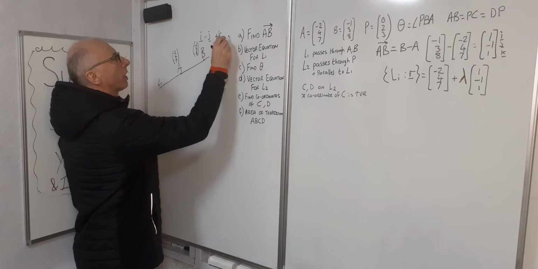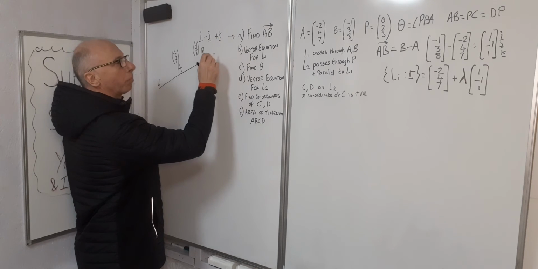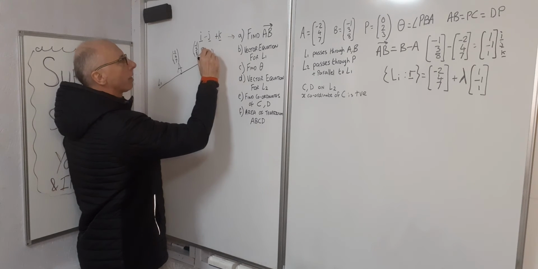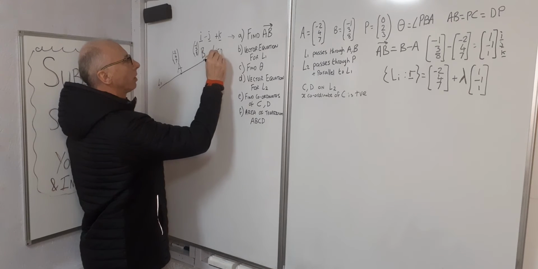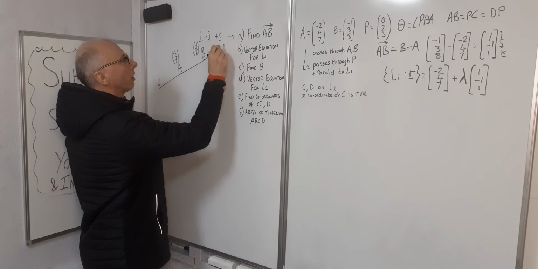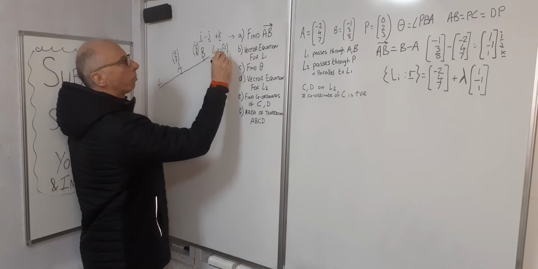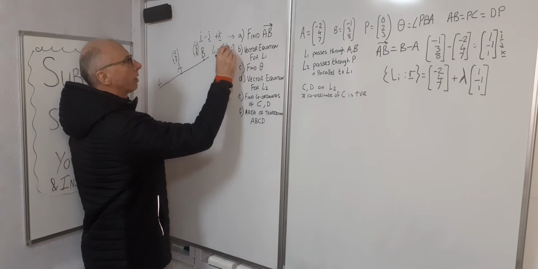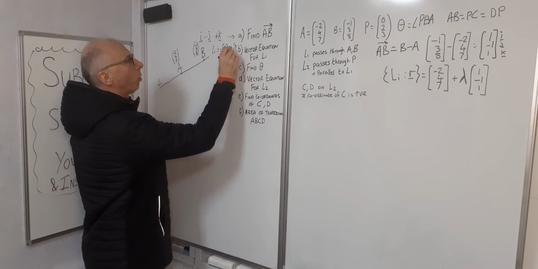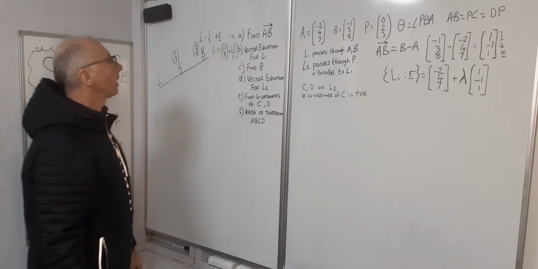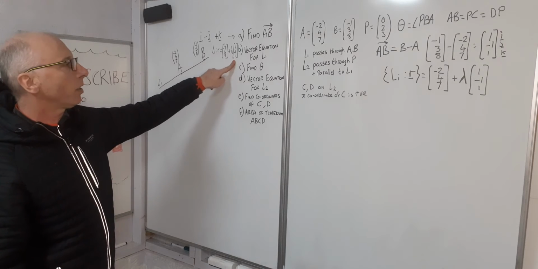Part B is L1: r equals -2, 4, 7 plus lambda 1, -1 and 1. Okay, just fit in there just nicely. So that's the answer to part B.